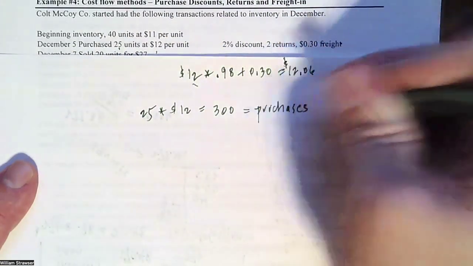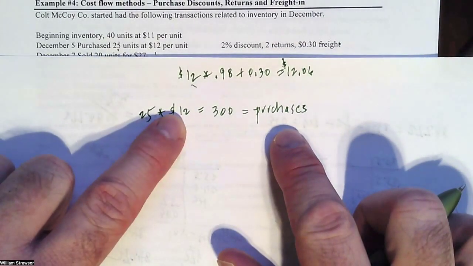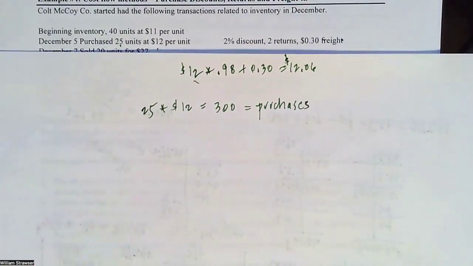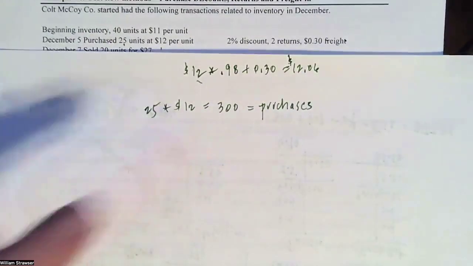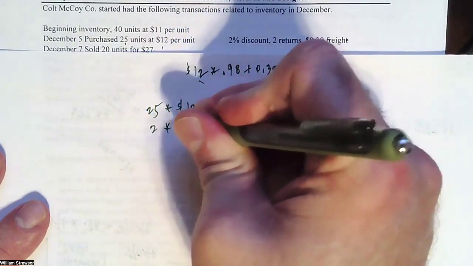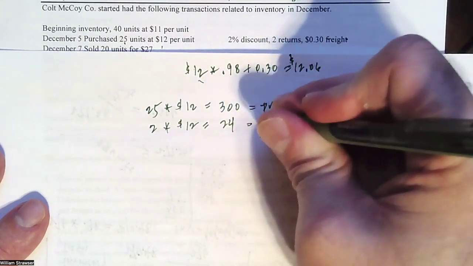So you're not discounting anything because we're using the gross method. We're not taking a discount of $12. And we include all the units because under either method, we initially purchase and then we return. Well, about those returns, we return two. So that gave me $24 of purchase returns.